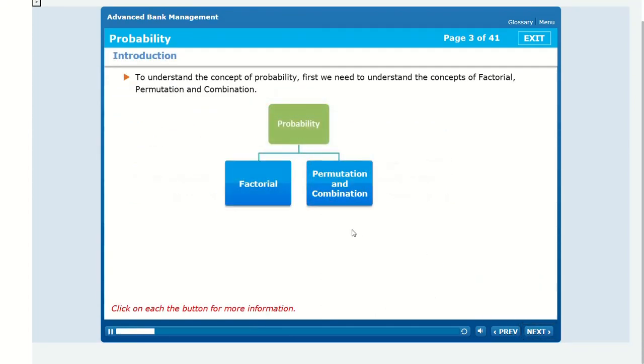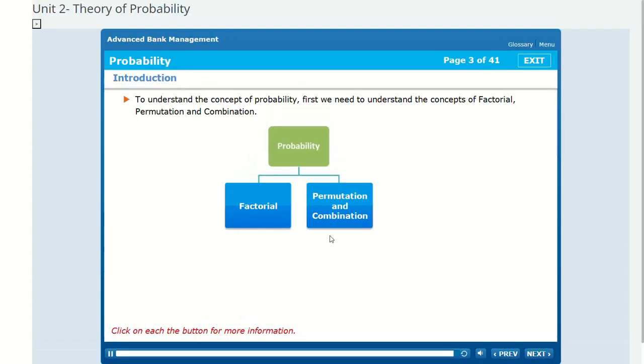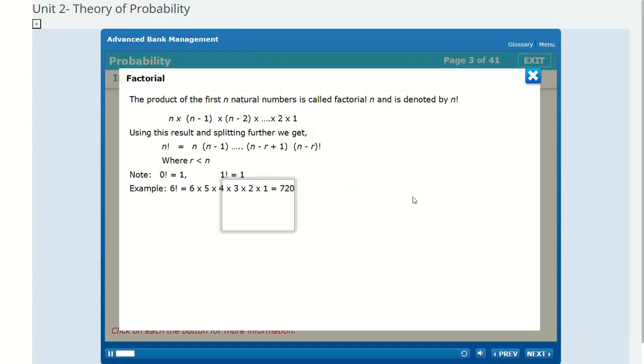Introduction. To understand the concept of probability, first we need to understand the concepts of factorial, permutation and combination. Factorial. The product of the first n natural numbers is called factorial n, and is denoted by n!.